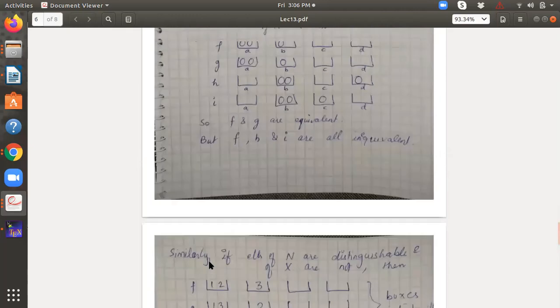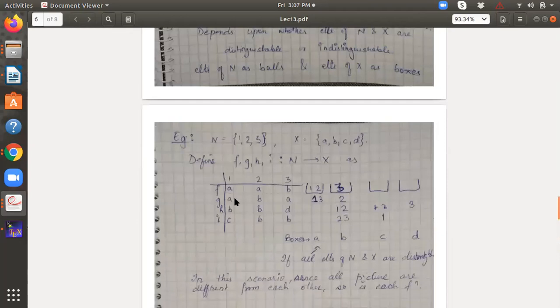Now the last choice, which was that elements of X are indistinguishable, elements of N are also indistinguishable. Then what does F do? F sends two balls to a box, one ball to another box, two boxes empty. G sends two balls to one box, one ball to another box, and two boxes are empty.